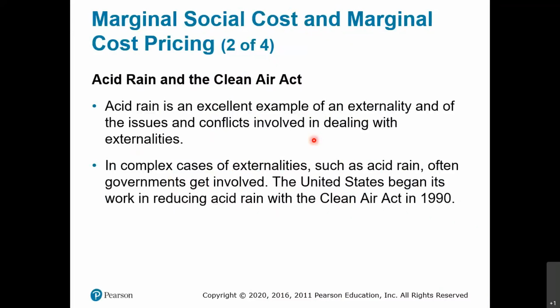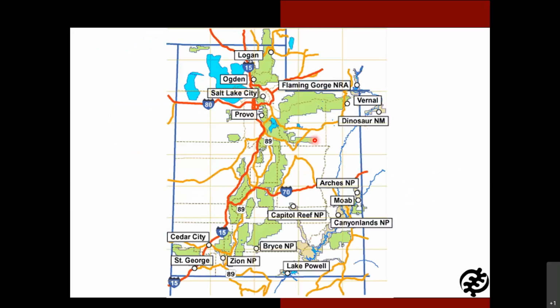So if it came down, it would destroy stuff. If the wind was blowing a certain direction, the acid rain would fall on Idaho, and it would destroy the Idaho potatoes. Okay, great. Not great as in good, but great as in we understand it. Those potatoes have a market value. We know what the damage is. Maybe the Idaho potato farmers sue our factory here in Oregon, and they recover damages.